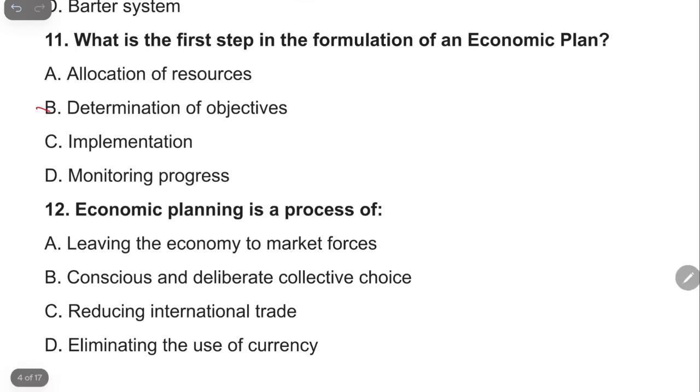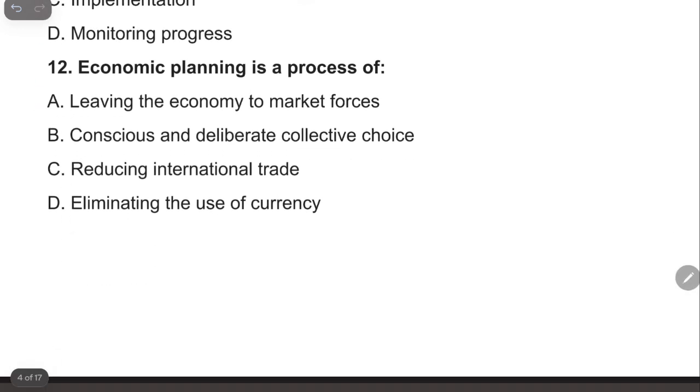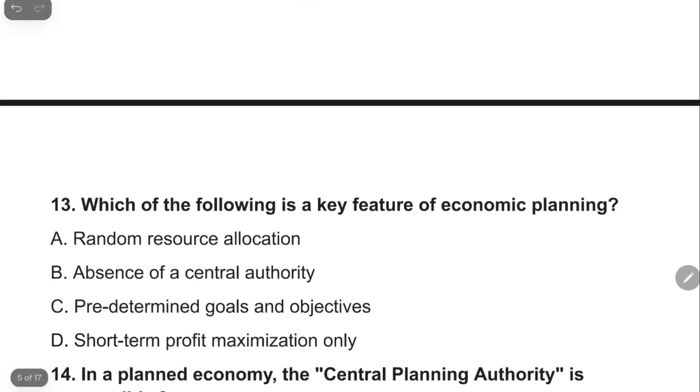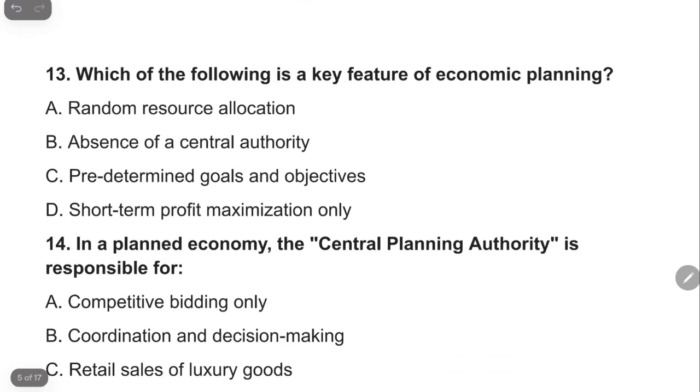Determination of objectives. Economic planning is a process of conscious and deliberate collective choices. Which of the following is a key feature of economic planning? Predetermined goals and objectives.